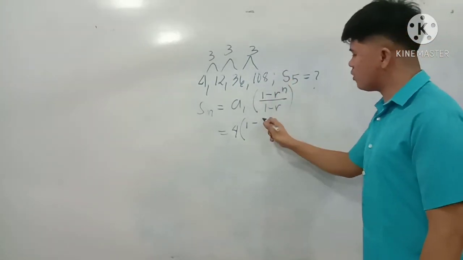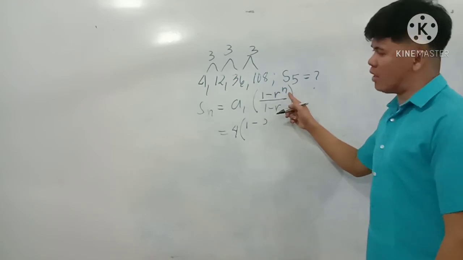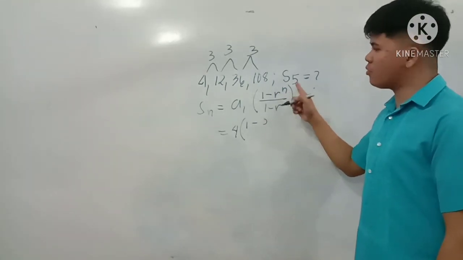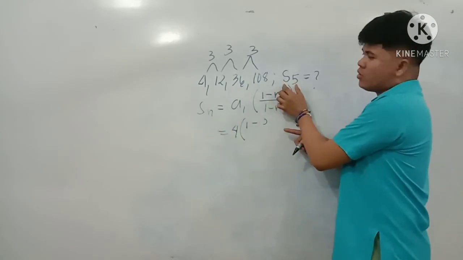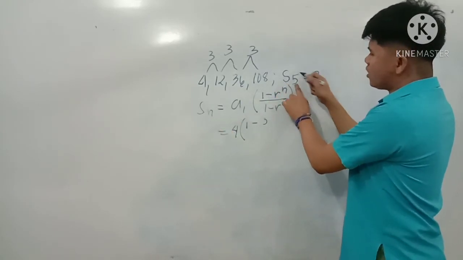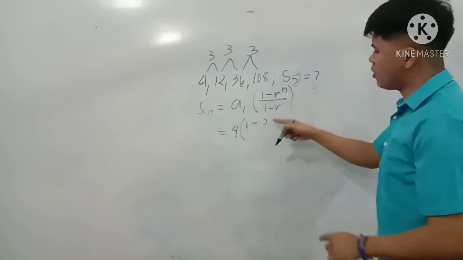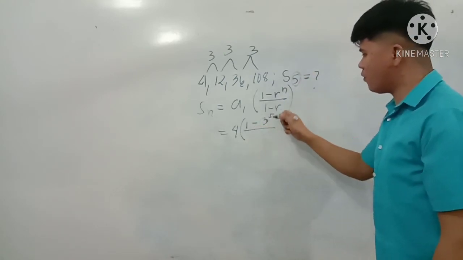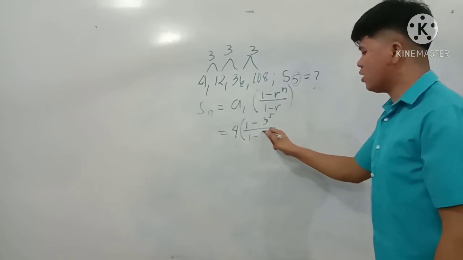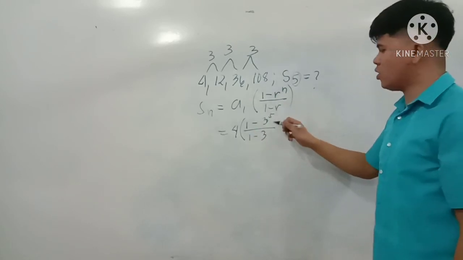So we substitute here 3, then raised to n. Our n is referring to the number of terms. Now we are dealing with the first 5 terms, so automatically our n is 5. So we have here 3 raised to 5 all over 1 minus 3. 3 is the common ratio.